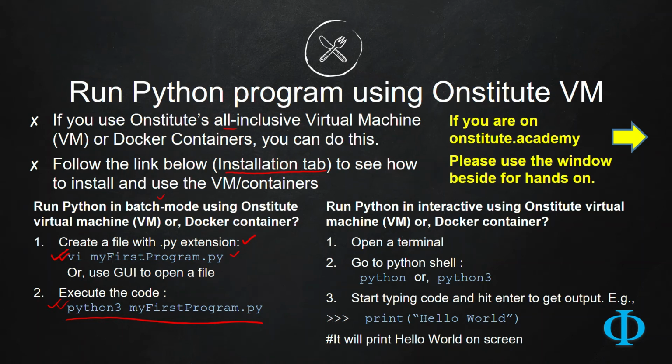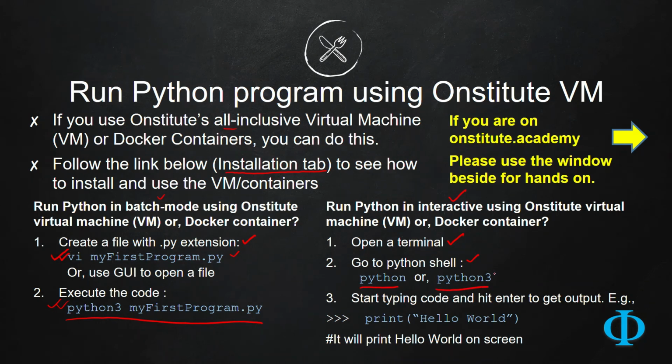Now there is another way of running or executing a Python code. You can do it in interactive mode also. For that, after installing the Institute's virtual machine or any Linux machine of your choice, you can simply open a terminal and go to a Python shell just by typing either python or python3.